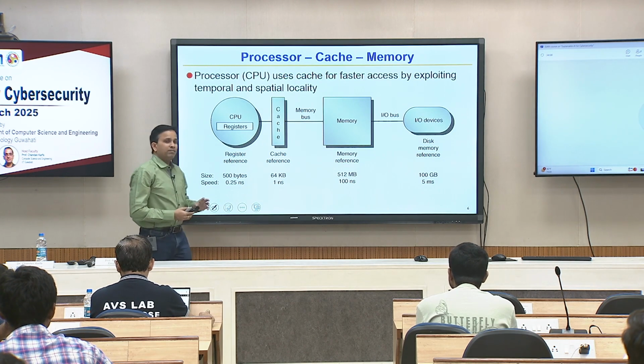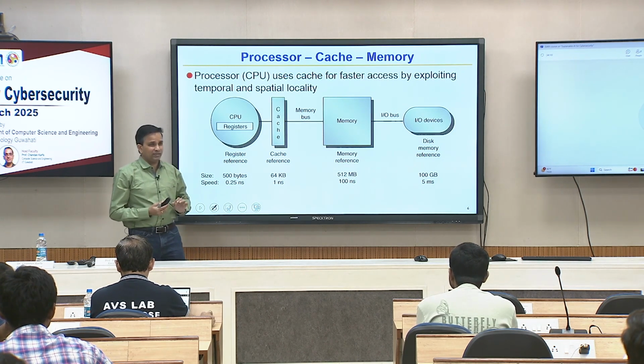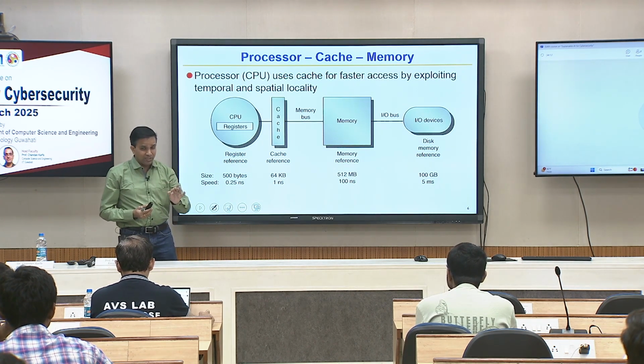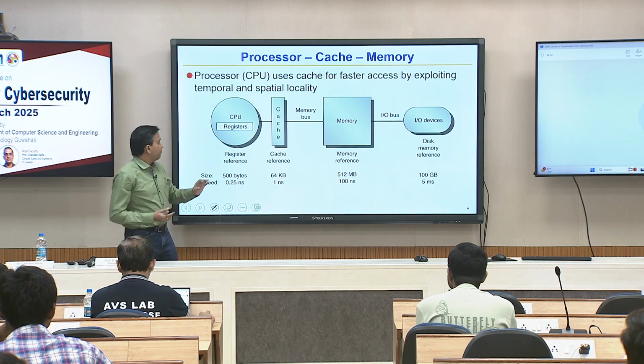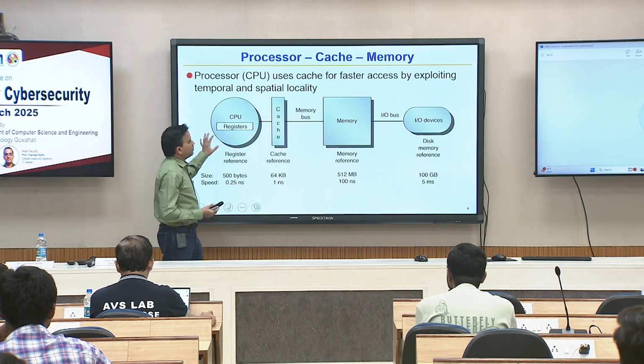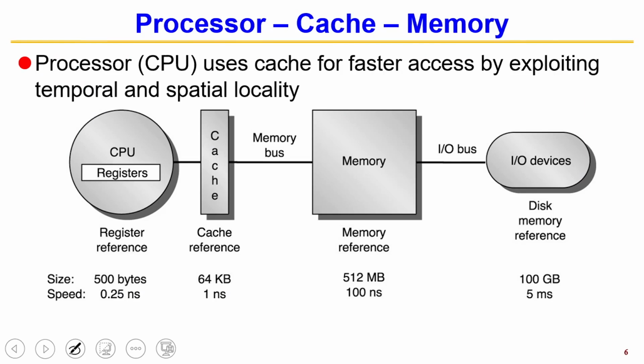Now, we have 2-3 slides for the architecture, specifically the architectural features that I am going to attack. When you look at a computer architecture, you have your CPU or a processor, which will have registers, then you have a cache, then you have a memory, then you have IO devices. You can think of this as a hard disk, this as a flash drive, whatever it is.